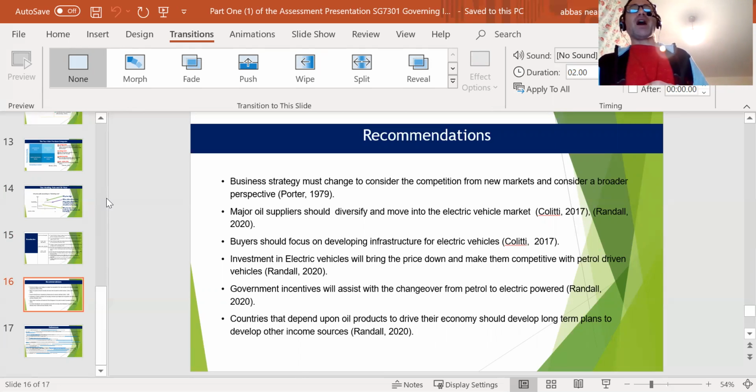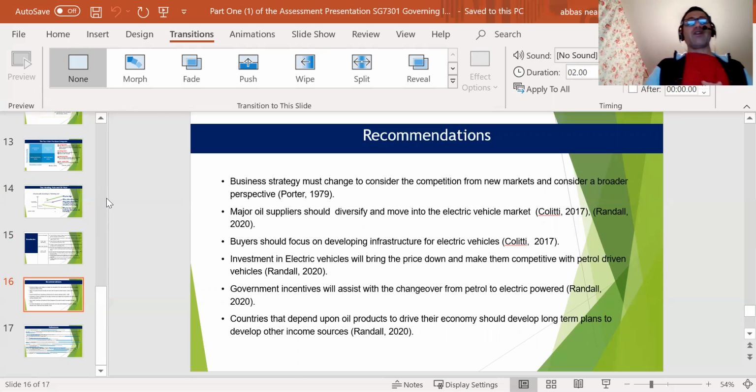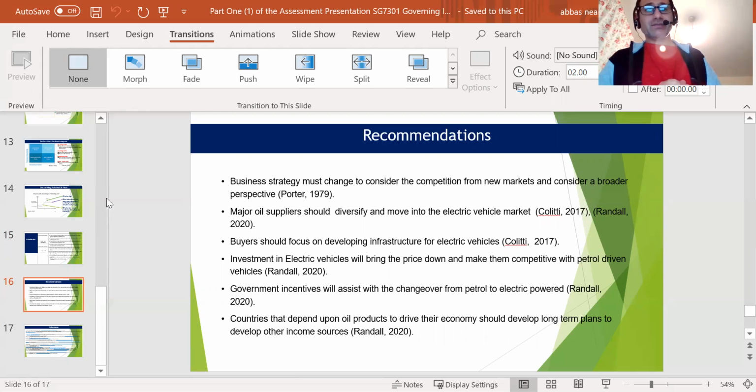This will give more power to buyers of petroleum products for commercial vehicles. Government incentives will assist with the changeover from petrol to electrical power, and this will again make them an attractive alternative. Therefore, countries that depend upon oil products to drive their economy should develop long-term plans to develop other income sources.